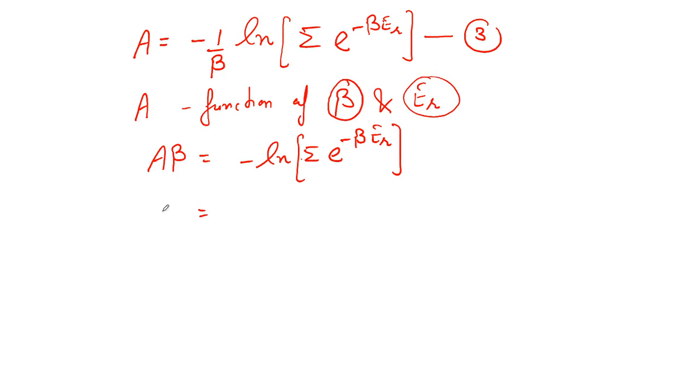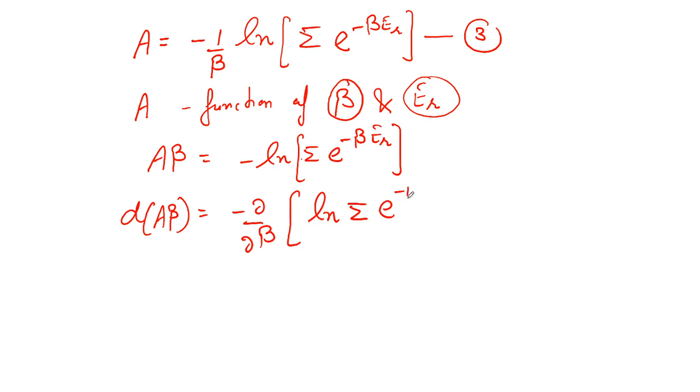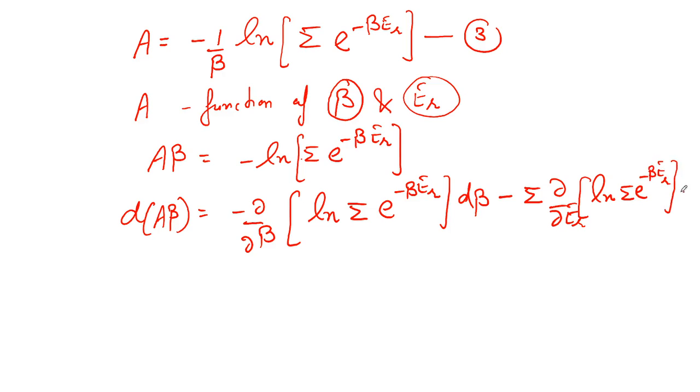So I can rewrite the derivative d(A beta) as minus the partial derivative with respect to beta of log of the summation of exponential of minus beta E_r into d beta, minus the summation of the partial derivative with respect to E_r of log of the summation of e raised to power minus beta E_r into dE_r. Now our equations 1 and 2 I will rewrite here.